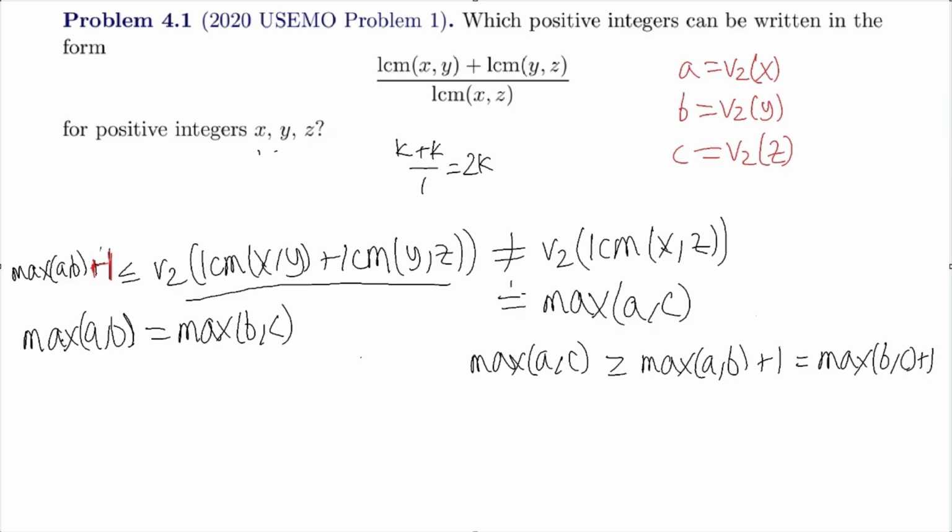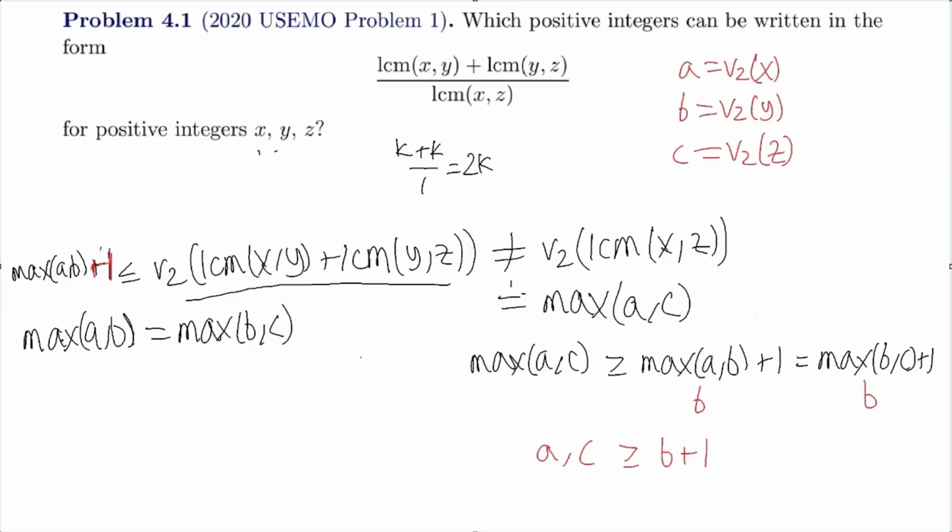And now we can just take cases on the order of A, B, C. So if both of these maxima here are equal to B, then that means that one of A or C is greater than or equal to B plus 1.